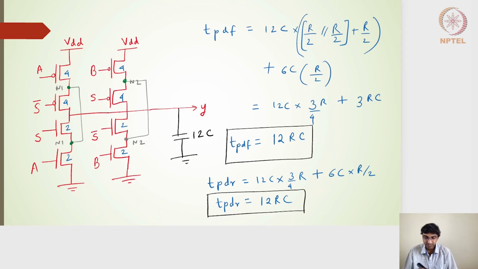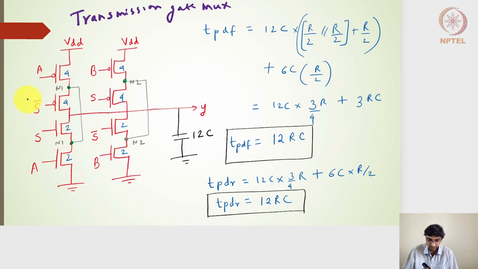Right? Now, what is the advantage of this? This is a tri-state design, but now I am connecting these N1 and N2 nodes. So that means that this now behaves like a transmission gate multiplexer.